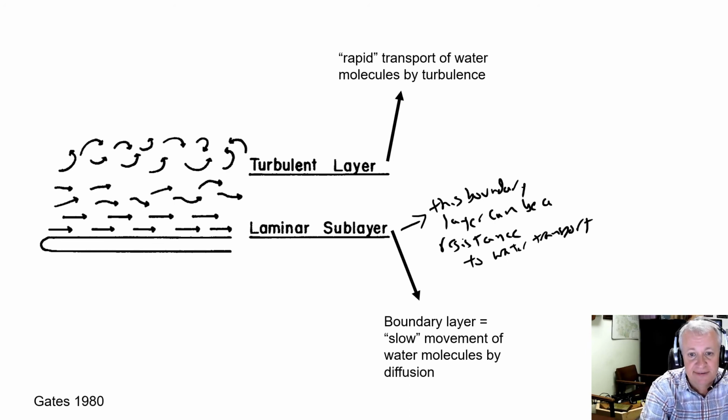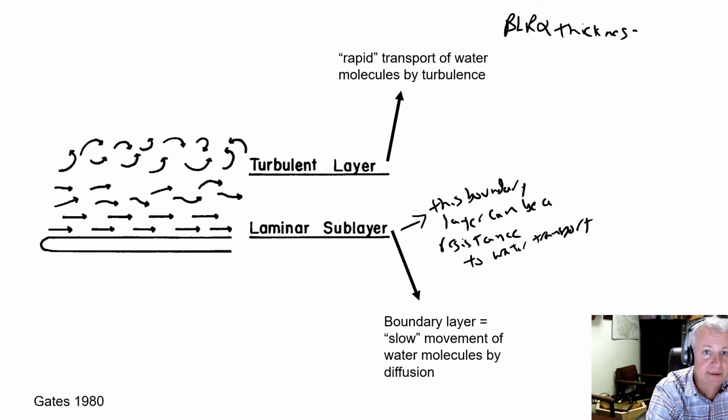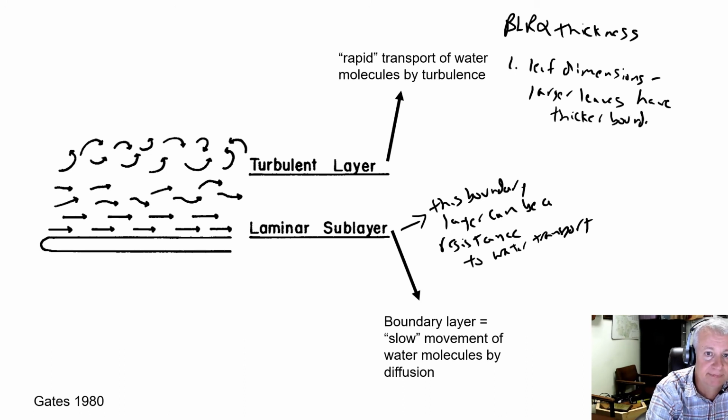The thickness of the boundary layer, so boundary layer resistance, is proportional to the thickness of the boundary layer, and that's affected by two things: leaf dimensions, where larger leaves have thicker boundary layers.